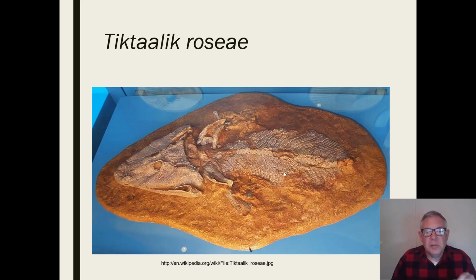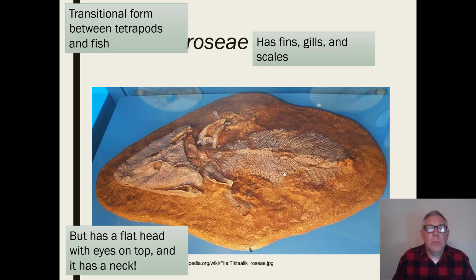And so this is a great example that gives us an idea of how those vertebrates evolved from the water to evolve the ability to survive on land. And so we call this a transitional form. And if you look at this fossil, it has characteristics of both an aquatic vertebrate, so it has characteristics of a fish, but it also has characteristics of a terrestrial vertebrate.